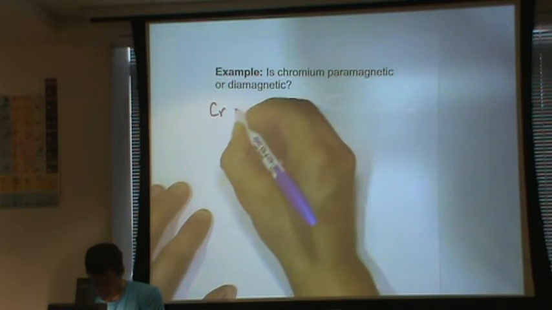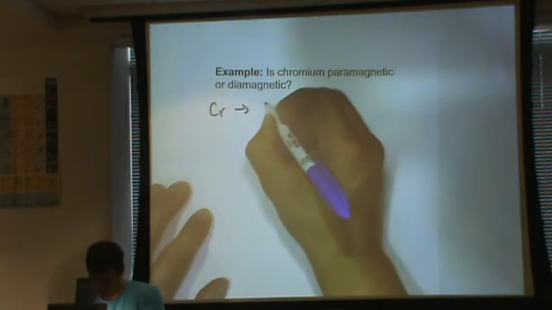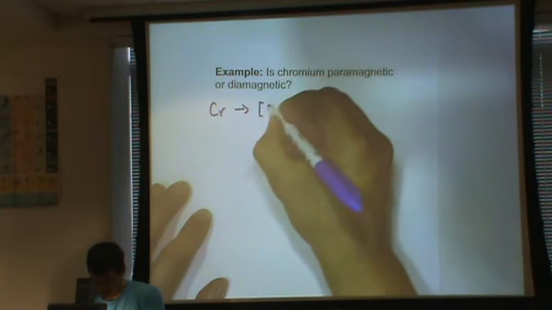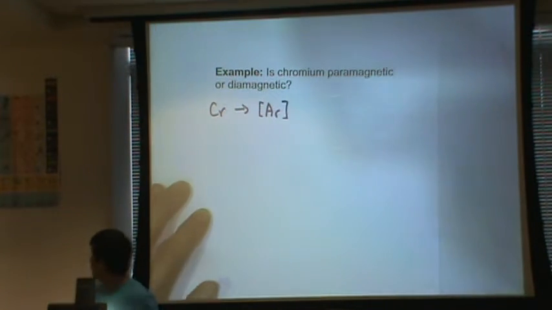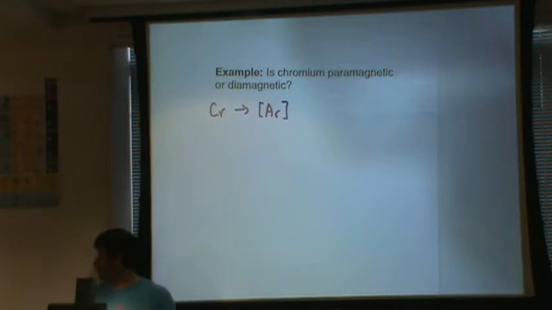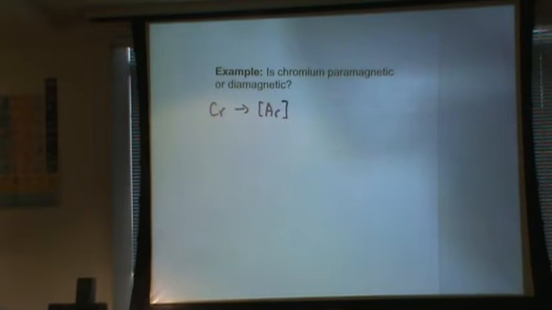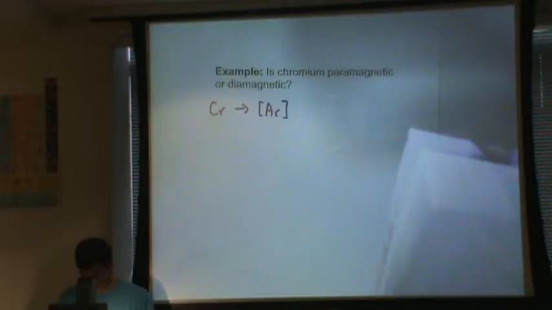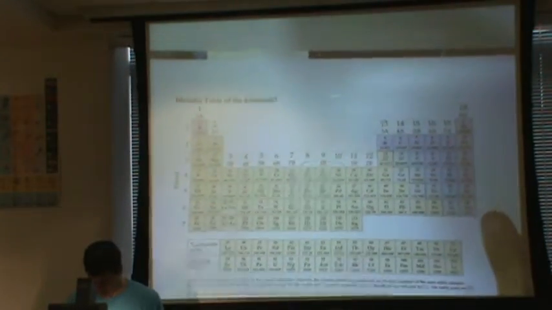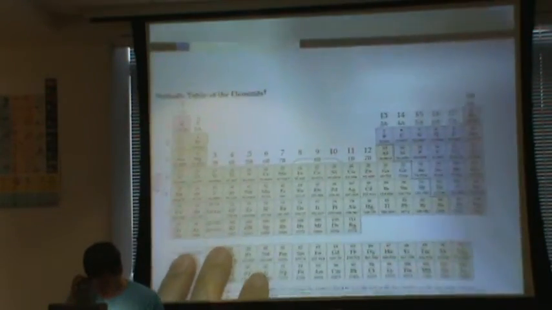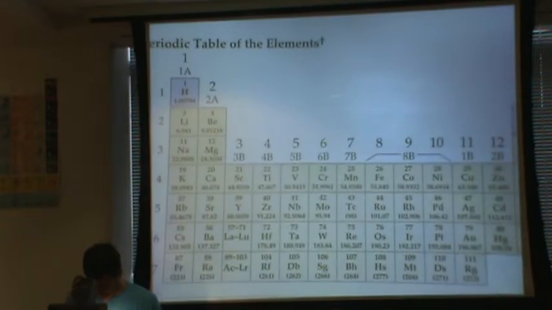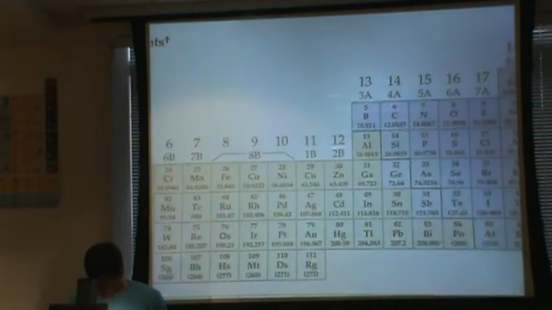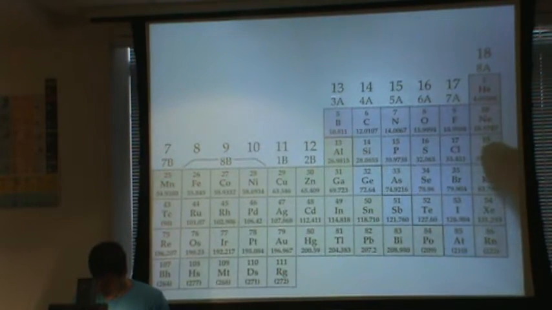So we have chromium. Its electron configuration, its noble gas configuration, is argon. Let me pull up the periodic table real quick. So argon is right here, chromium is this row.